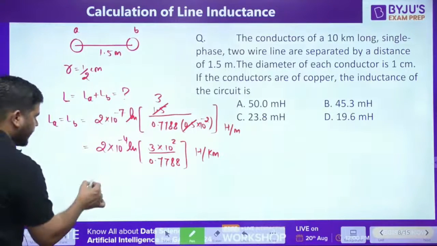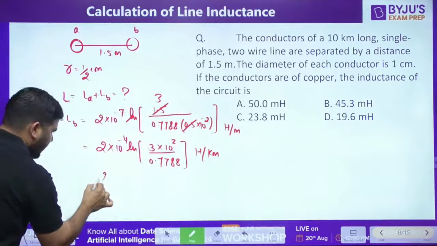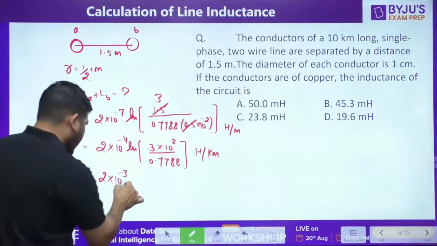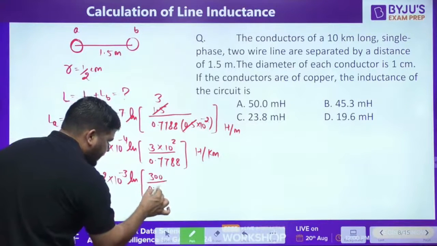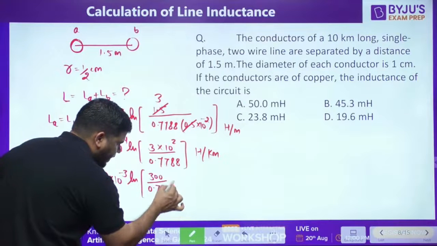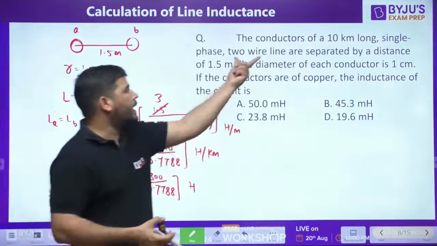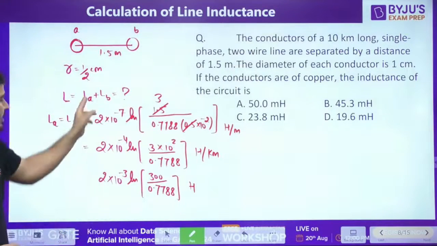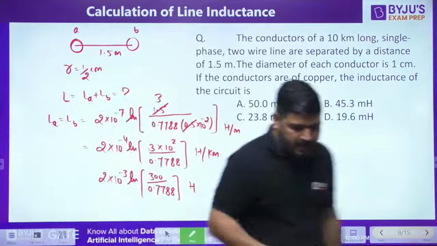So if you multiply with 10, the total inductance of one phase will be 2 into 10 to the power minus 3. Why minus 3? Because I have multiplied with 10. ln 300 divided by 0.7788 Henry. Okay, Henry for the entire phase. Now for the entire circuit you have to add LA plus LB. So you have to multiply it with 2 because LA and LB are same.